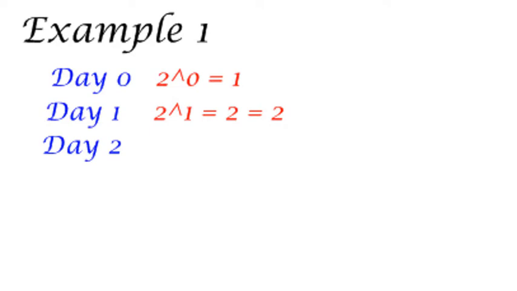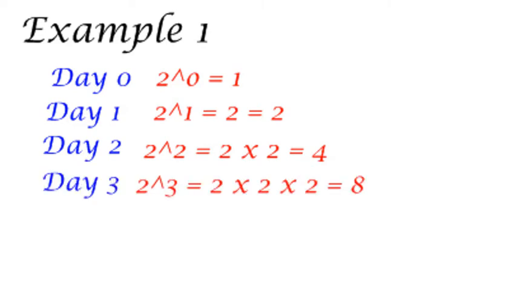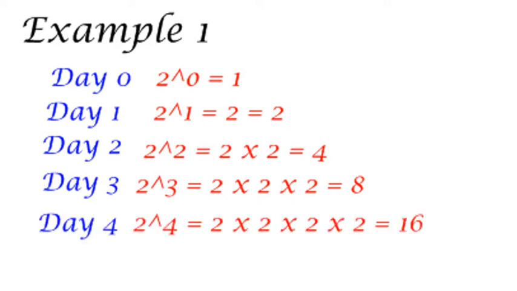So what happens on day 2? And we're going to identify a pattern here shortly. On day 2, we have 2 to the power 2, which equals 2 times 2, and 2 times 2 is 4. So on the second day, we end up with 4 germs. What about the third day? On day 3, we have 2 to the power 3. That's 2 times 2 times 2, which is 8. 2 times 2 is 4, times another 2 is 8. So on the third day, we have 8 germs.